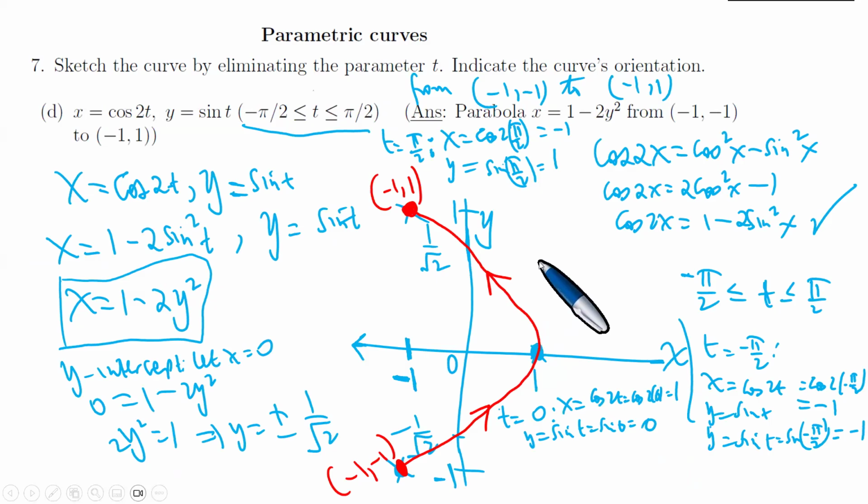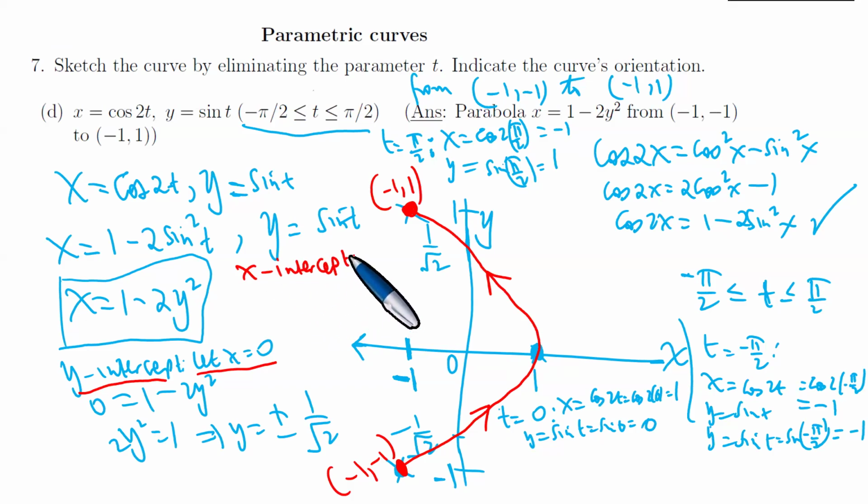Also this one is our parabola. This parabola allowed us to get the y-intercept, which we get by saying let x be 0. When x is 0, then we get the y. Now, as soon as you can get the x-intercept, you have to let y be 0.